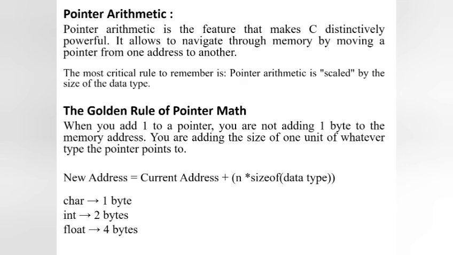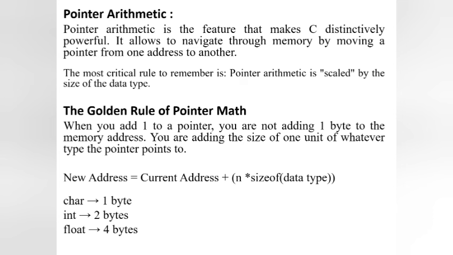It is 1 byte. So from 1000 it will change to 1001. If you have an integer pointer, int *i, assume it is pointing to location 1000. If you increment an integer pointer variable, it will increase by either 2 bytes or 4 bytes. As a result, it is either 1002 or 1004.